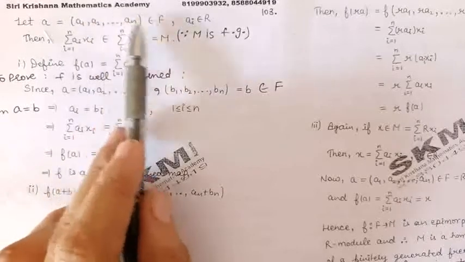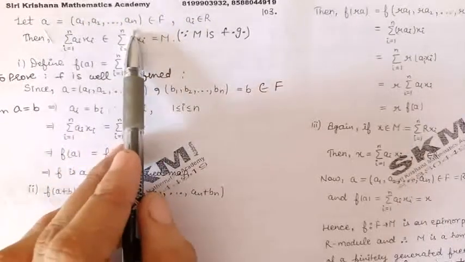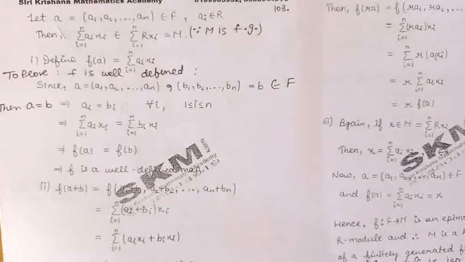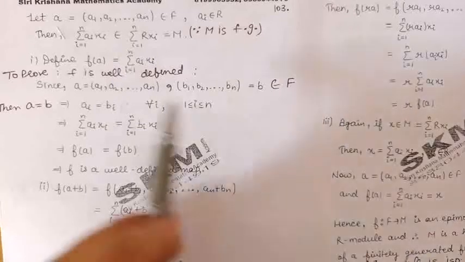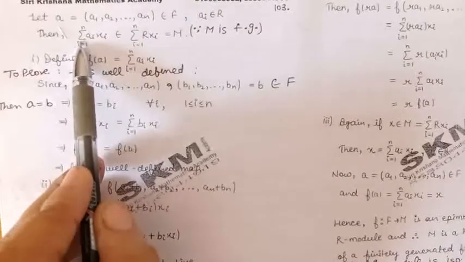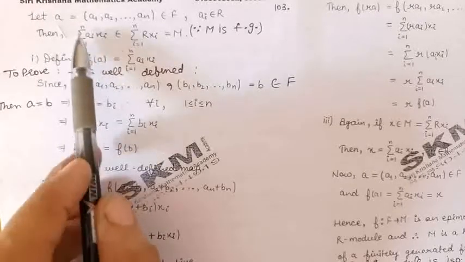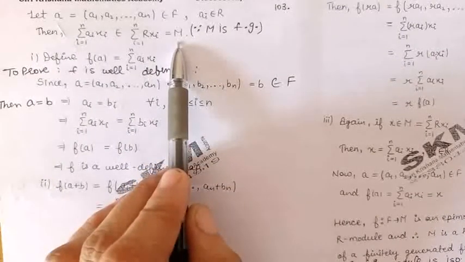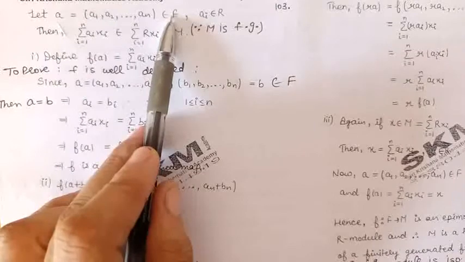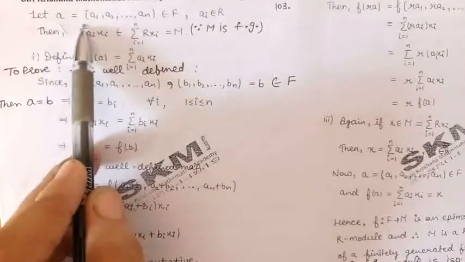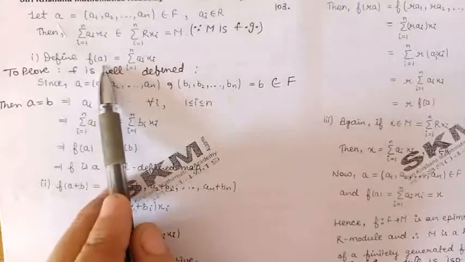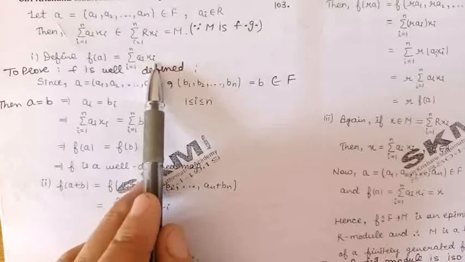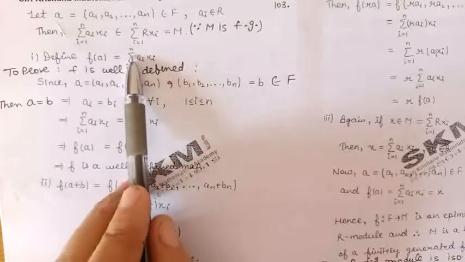This is an element of F, and these ai are from the ring R. Now because M is a finitely generated module, the element summation ai xi, where i varies from 1 to n, will belong to the module M. So we can define the mapping: the image of a under f is equal to summation ai xi, where i varies from 1 to n.